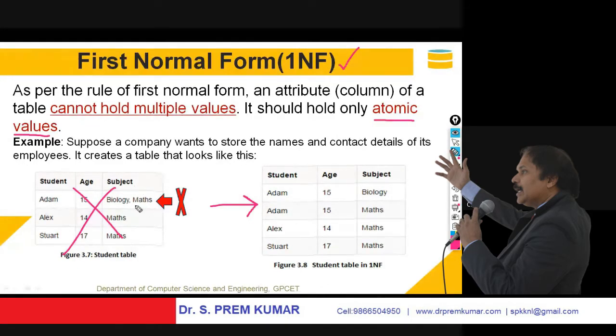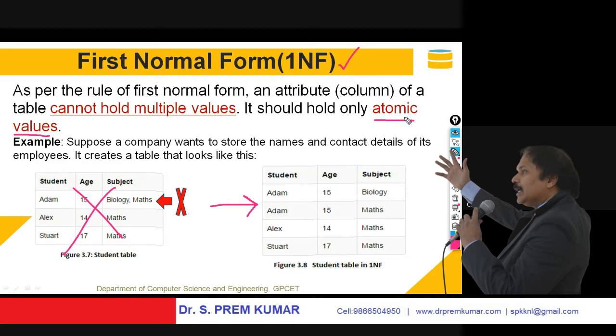You had biology, mathematics together; it should have a single value. Here this is wrong, this is right. This type of conversion of one table into the other is nothing but the first normal form.